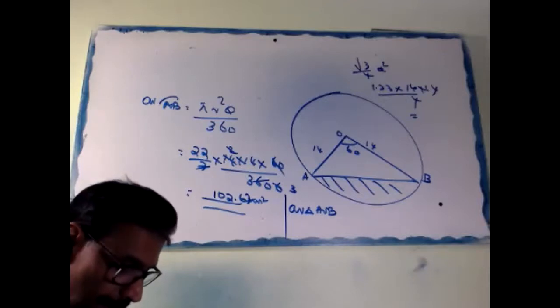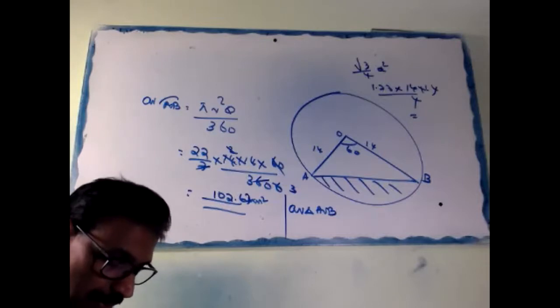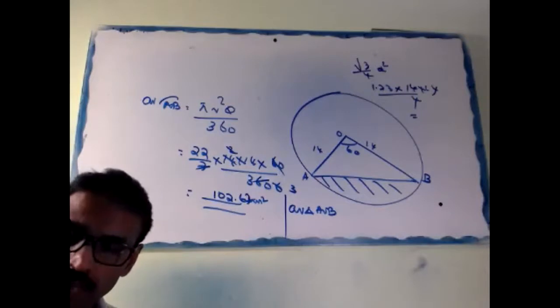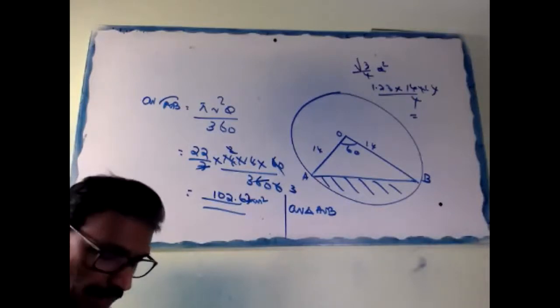Semicircles are drawn on AB, AM, and MB as diameters.